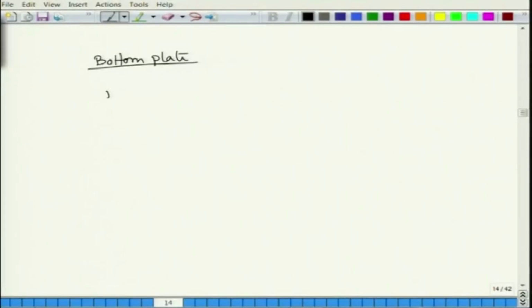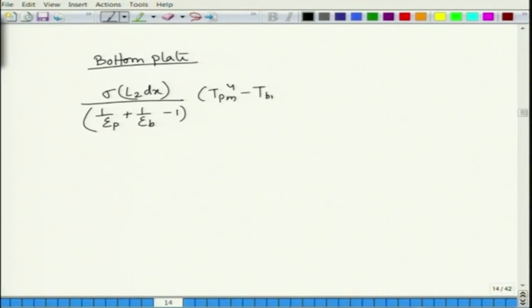What heat gain is it getting from the absorber plate? The same thing that we wrote for the absorber plate, but this will be a gain to the bottom plate, not the loss to the absorber plate.